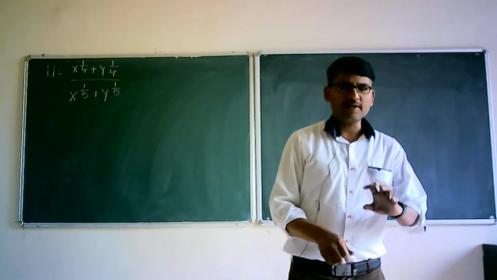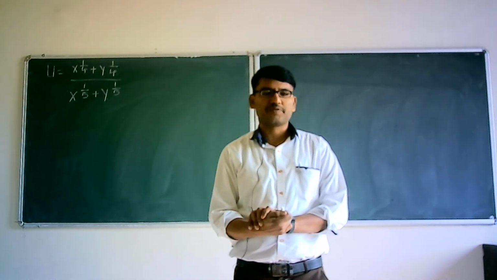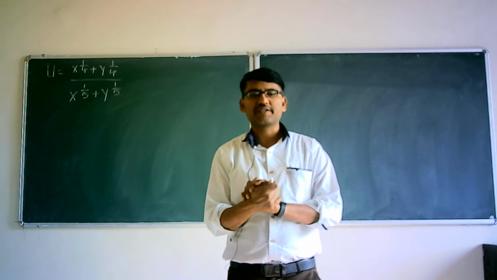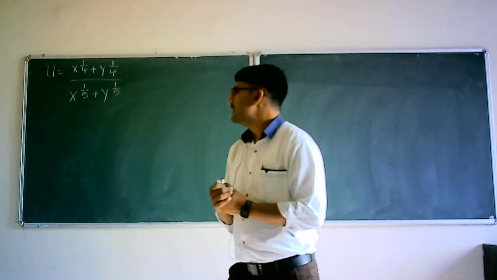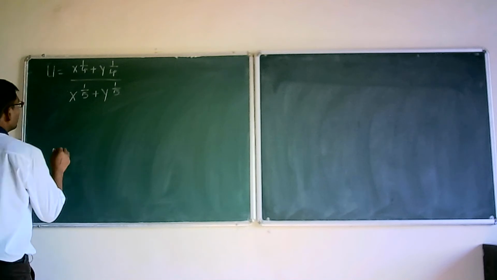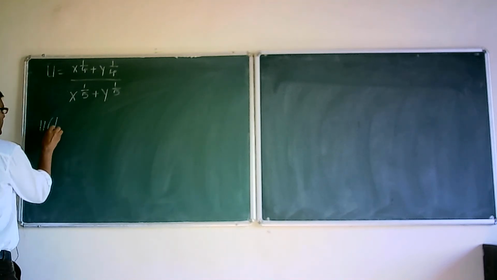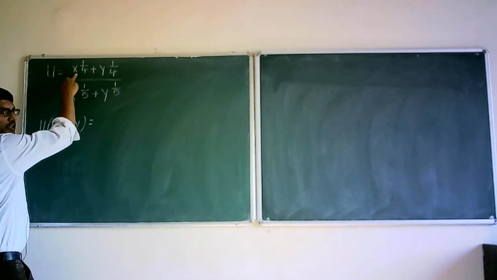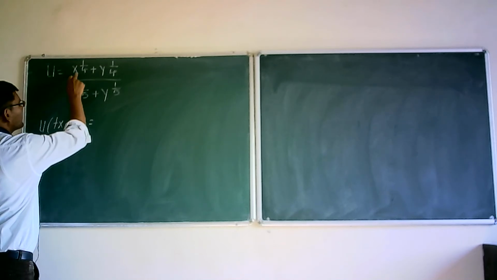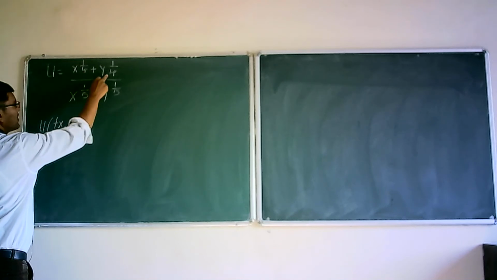Now, first we want to check whether it is a homogeneous function, and if it is, what is the degree of this function? So in place of x, if you put tx, then u of tx, ty is equal to, t raised to 1 by 4 in the numerator, and here also t raised to 1 by 4.